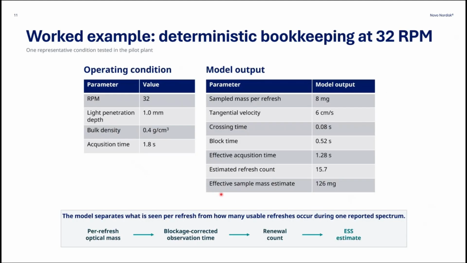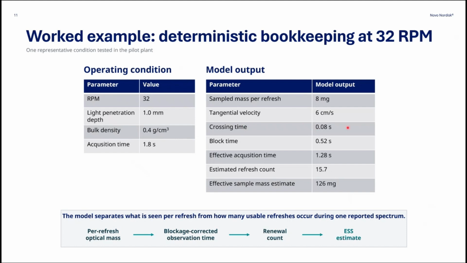As an example, one thing we tested in our pilot plant was 32 RPM. And if you assume a penetration depth of 1 millimeter, which is a number we know, we have tested on a static sample. We have derived around 1 millimeter for light penetration depth and a bulk density of 0.4 for a blend material, and acquisition time almost 2 seconds.